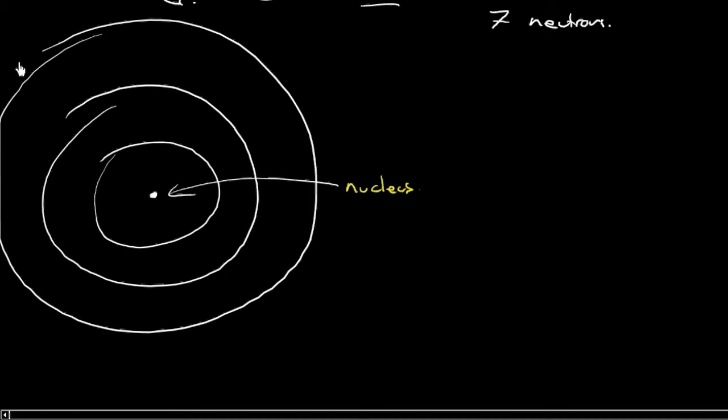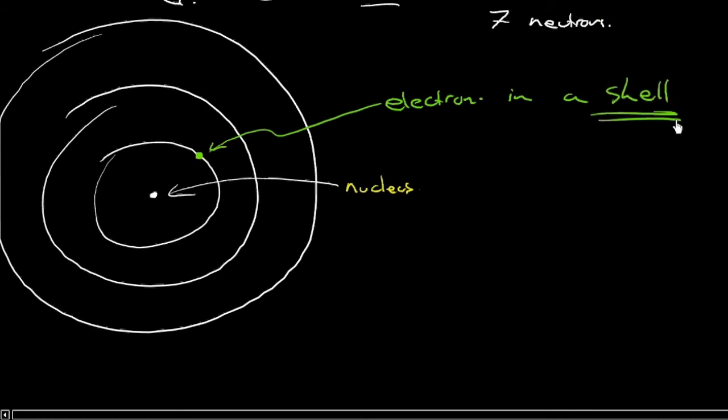These shells surround the nucleus, and you could have an electron in one of those shells. The model that we're looking at now, if this was just hydrogen, is called the Bohr model, after Niels Bohr, and it has the central nucleus with electrons orbiting in shells.